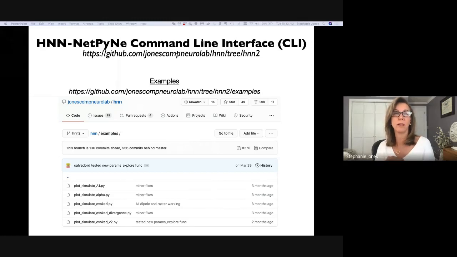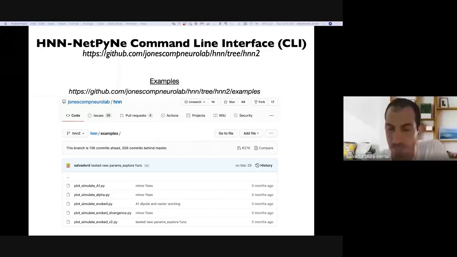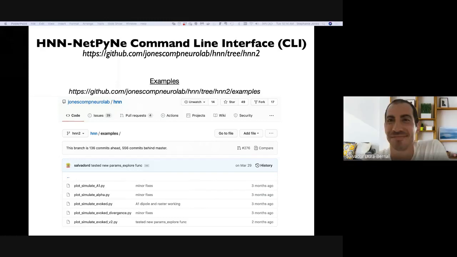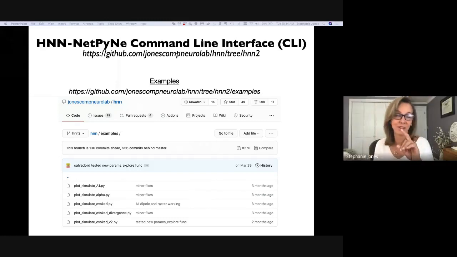I think it's this one, Salva, even though this one says A1. Anyway, one of these examples, I think it's the divergence example, is the evoked response simulation that I showed you that's on our website, now in NetPyNE specifications. We're still working to organize HNN and NetPyNE, and there's not a lot of documentation, but again, if anybody's interested in working in this realm, we're welcoming developers.